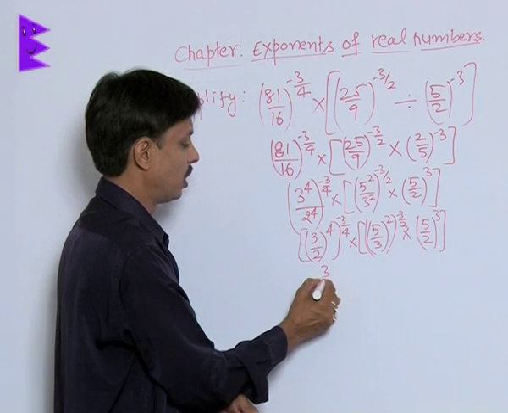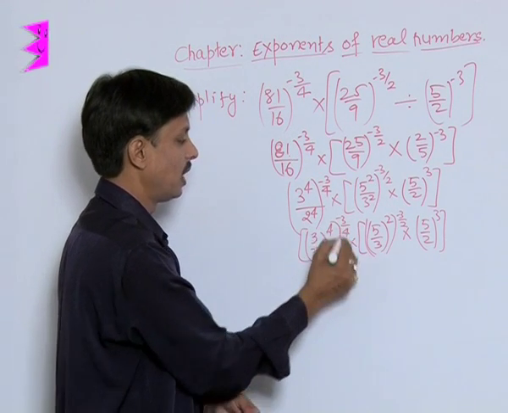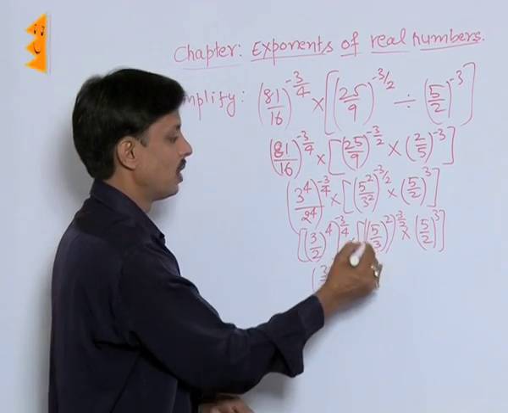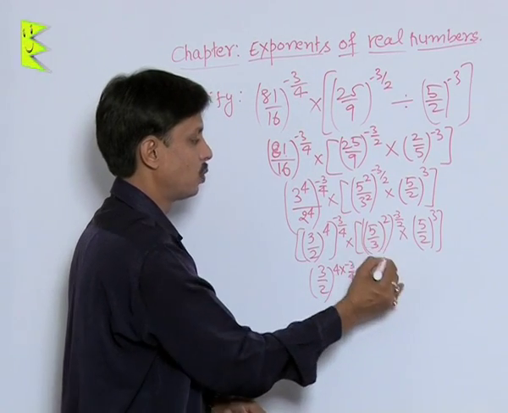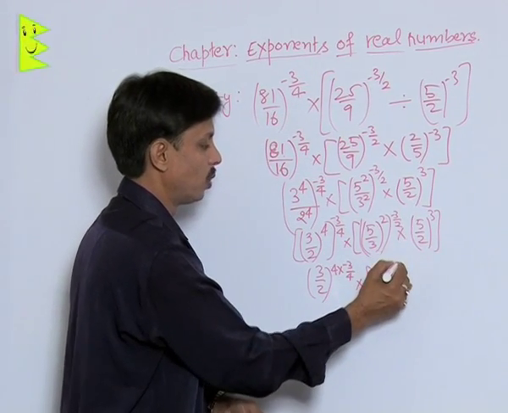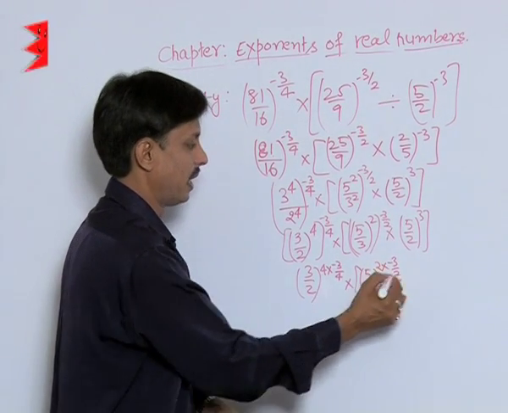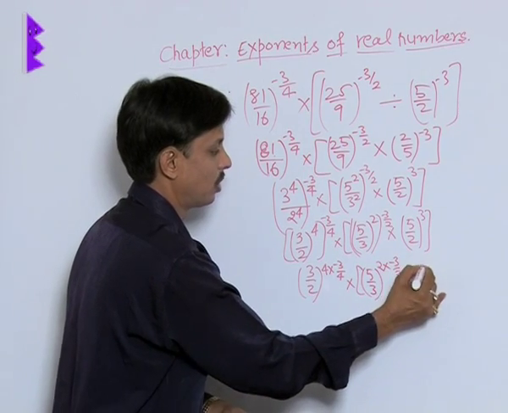Now I can say (3 by 2) raised to the power 4 multiplied by minus 3 by 4, into this becomes (5 by 3), and that's to the power 2 into minus 3 by 2, multiplied by (5 by 2) whole raised to the power 3.